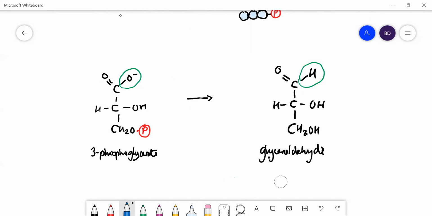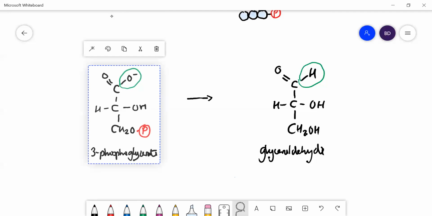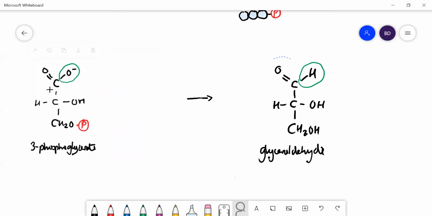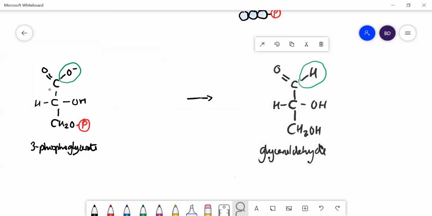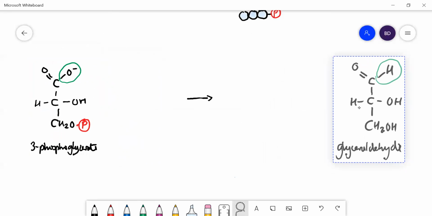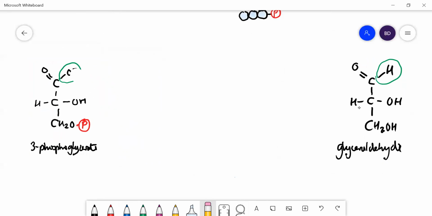So what you need to do is react that with ATP first of all, and stick a phosphate onto this bit here.